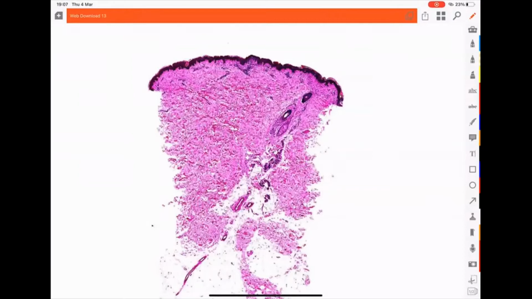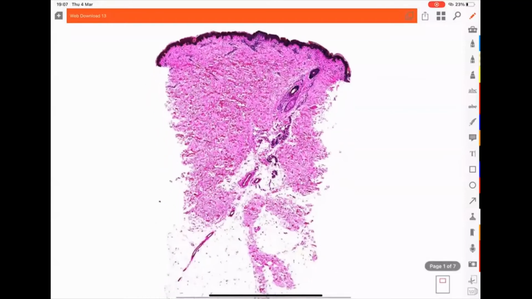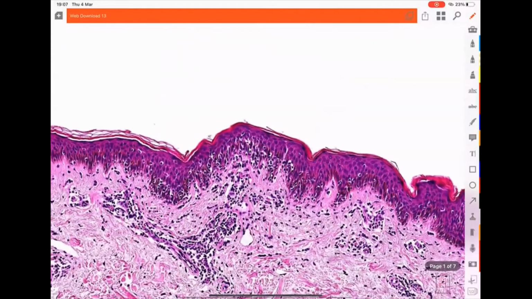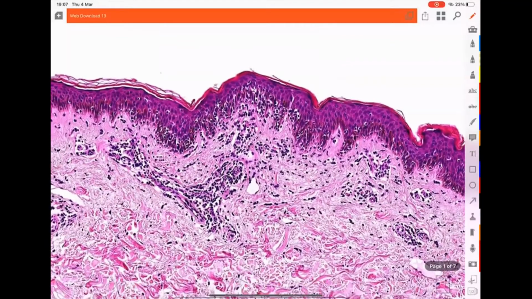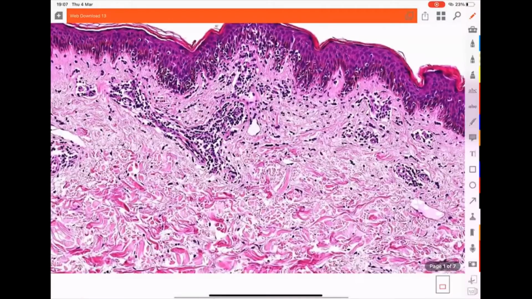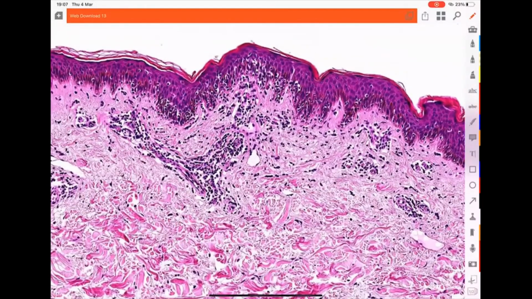So let's move to this case, middle-aged. There is a skin patch on the back, okay? No previous history of anything, right? So this is a section from the skin, okay? And I will just give you an intermediate power here to let you think about it a little bit.